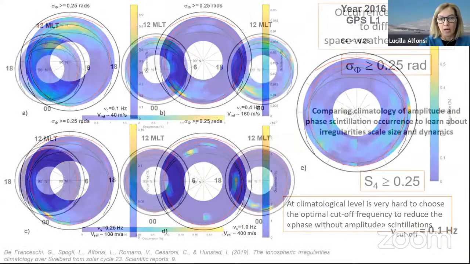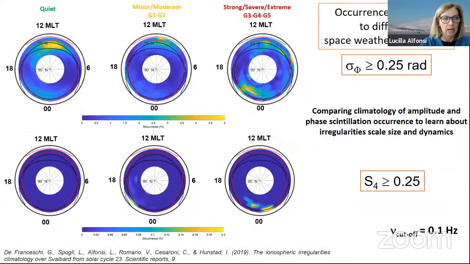And you can see here how different the picture of the phase scintillation and amplitude scintillation is for different levels of geomagnetic storm that are reported here on the top. And again, we should try to call scintillation only those regions of occurrence where we also see amplitude scintillation.